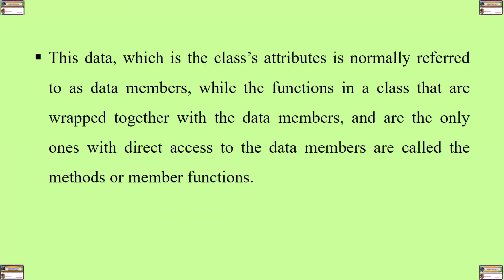This data, which is the class's attribute, is normally referred to as data members, and the functions in a class that are wrapped together with the data members and are the only ones with direct access to the data members are called the methods or member functions.